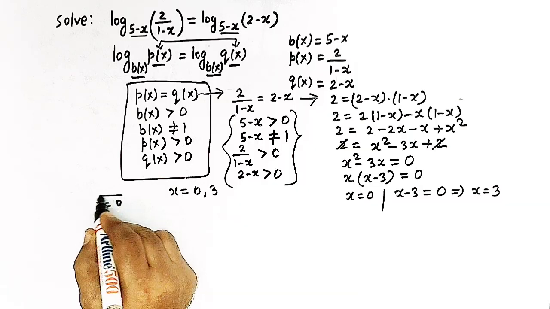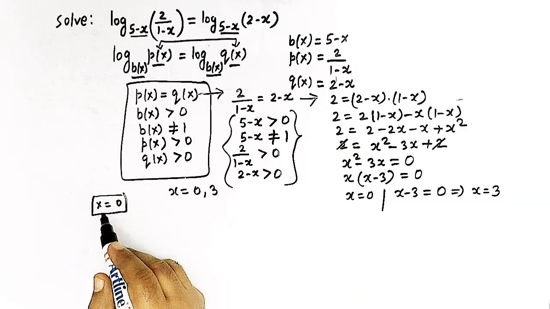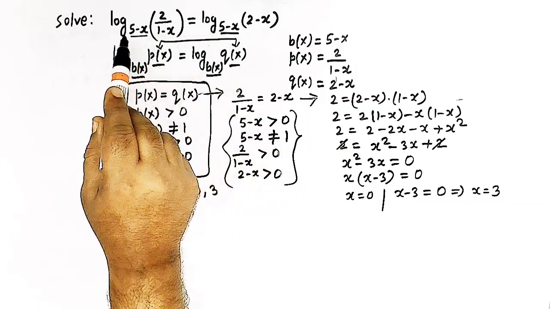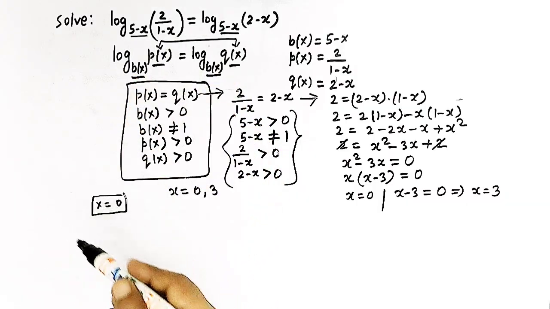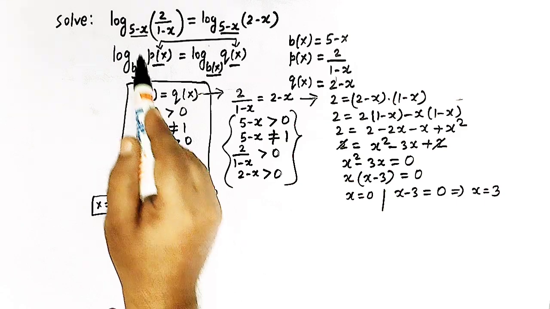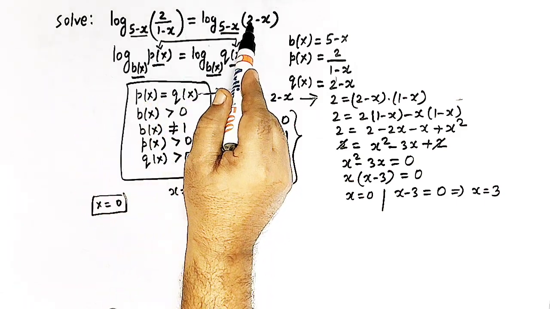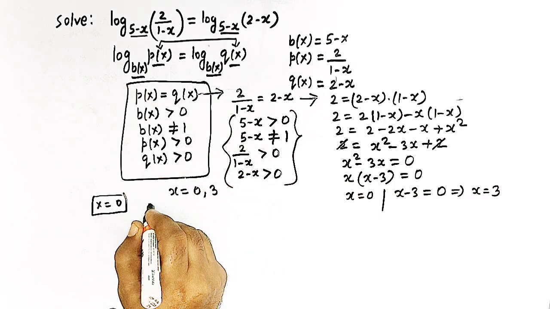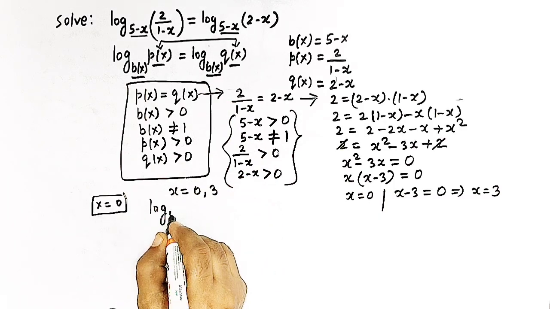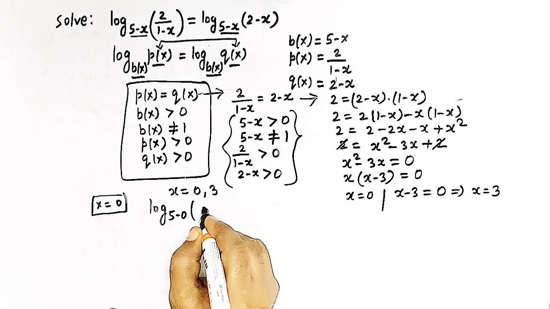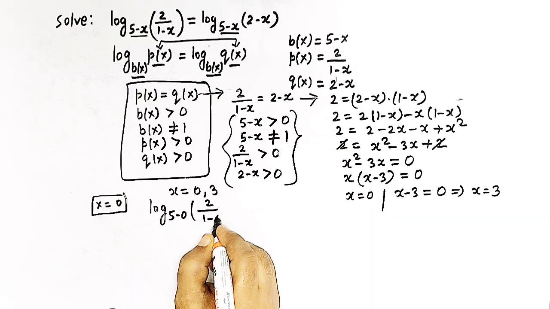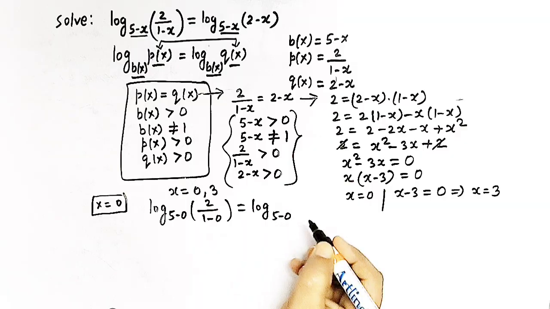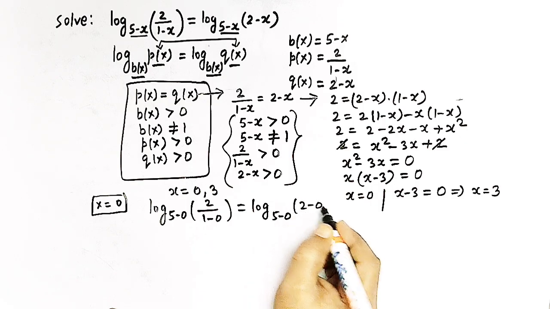And this follows that x is equal to 0 is a solution of this equation, and we can also directly substitute x is equal to 0 in this equation also. So taking x is equal to 0 in this equation, we have log of 5 minus 0, then we have 2 over 1 minus 0, and here we have log of 5 minus 0 and 2 minus 0.